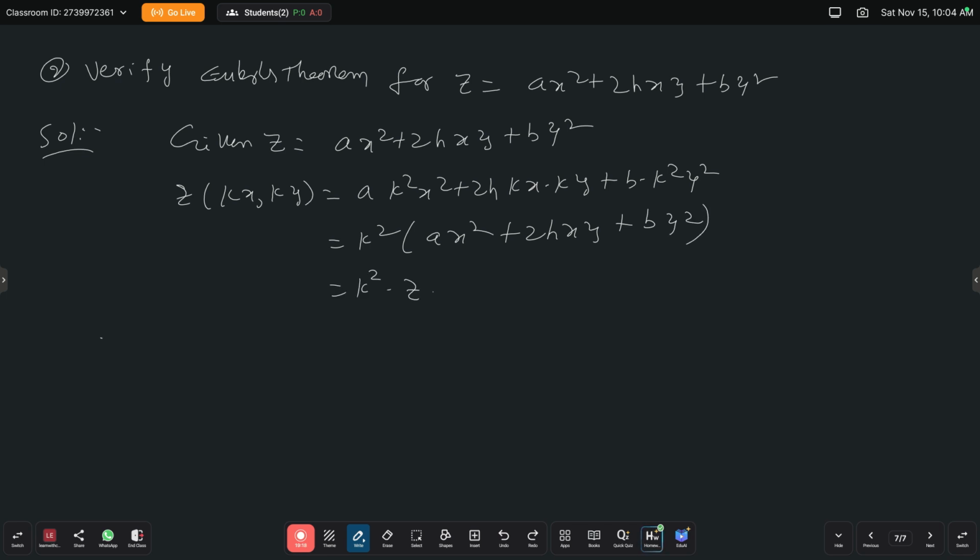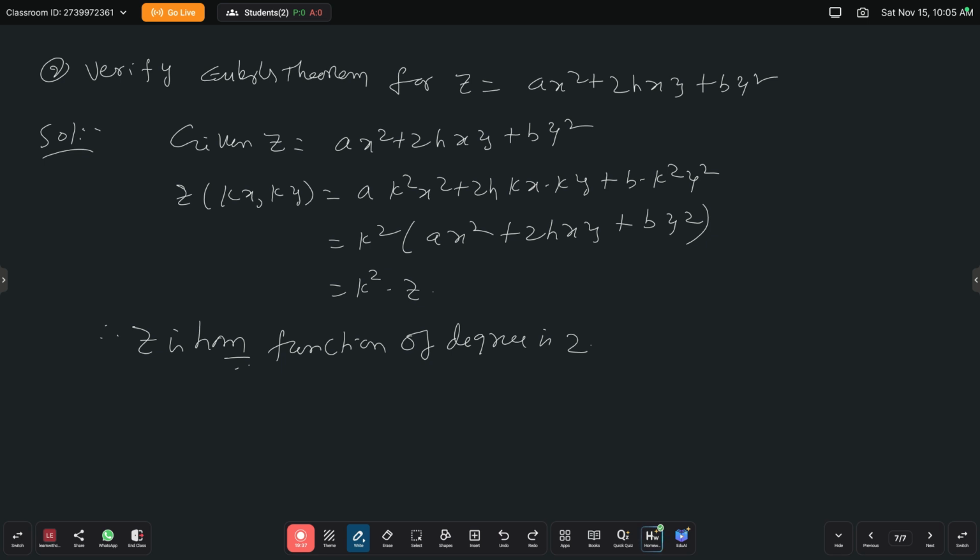Therefore, z is a homogeneous function of degree 2.